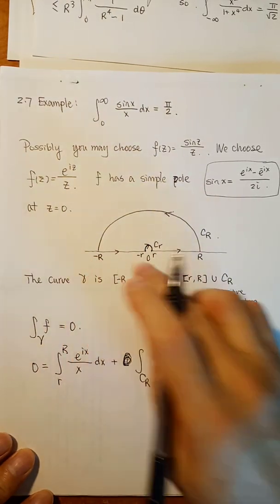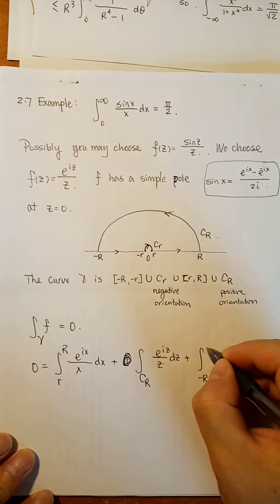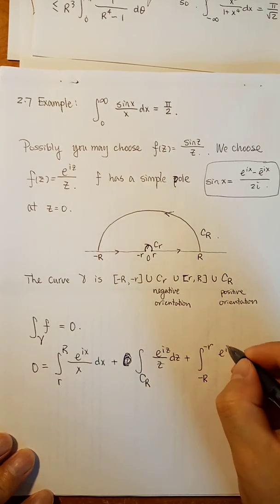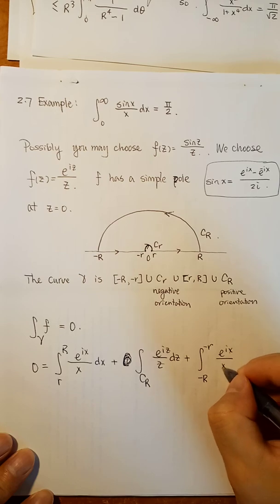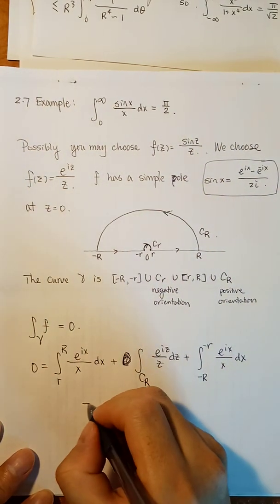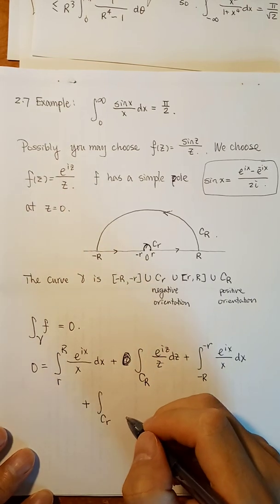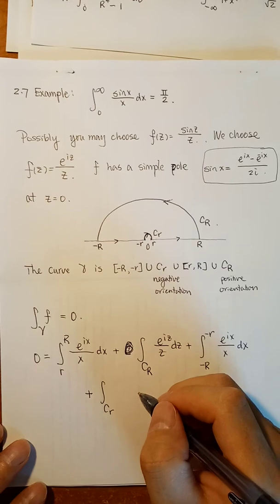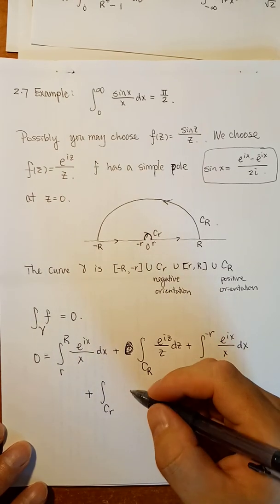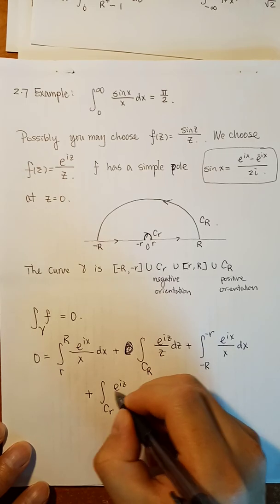And then back here it's plus the integral from negative capital R to negative little r of e to ix over x dx, and plus the integral over C little r of e to iz over z dz.